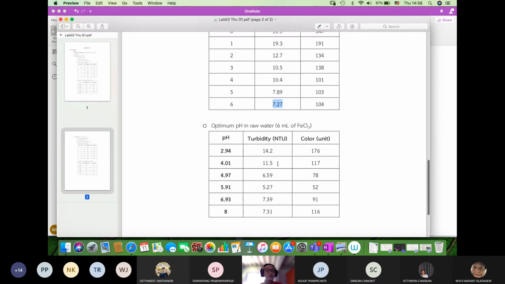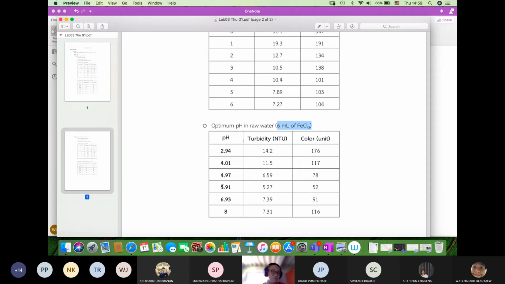In the second batch of the experiments on the ferric chloride, determination of the optimum pH. So we maintain the same amount, the same dosage, but we vary the pH. So pH is varying from 3, 4, 5, 6, 7, 8.